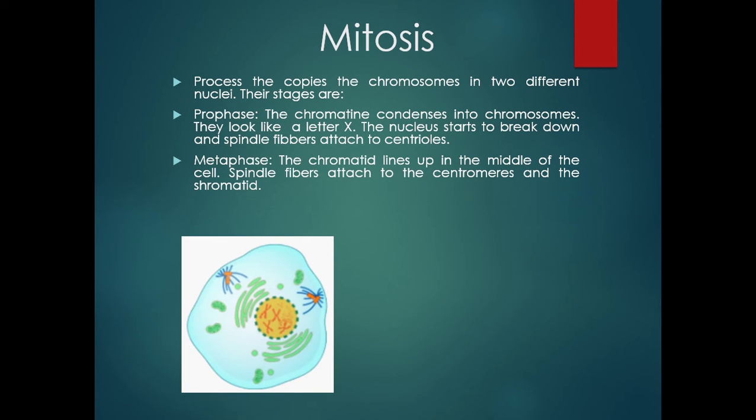All right, so here we have the prophase. You can see those orange X's that we have right there. Those are the chromosomes. When the cell is not going through reproduction or the cell cycle, the DNA looks just like spaghetti, spread around the nucleus.